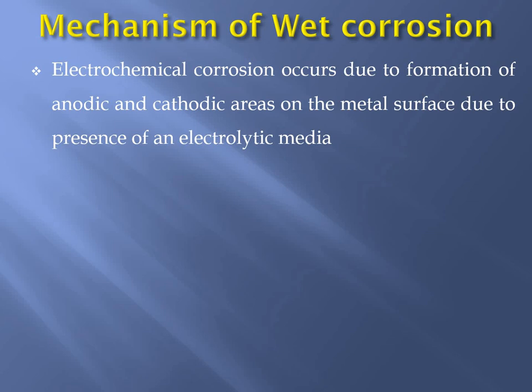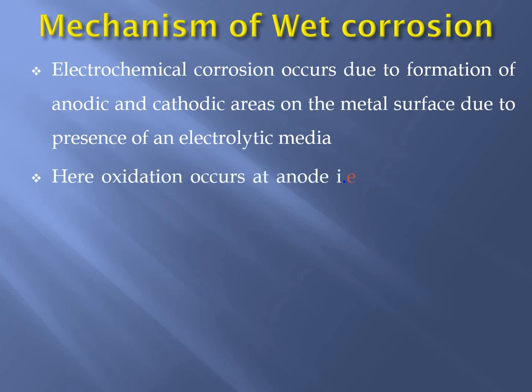It is due to the presence of an electrolytic media. This electrolytic media, or the difference in the potential of metal, is responsible for the generation of anodic and cathodic areas on the metal surface.